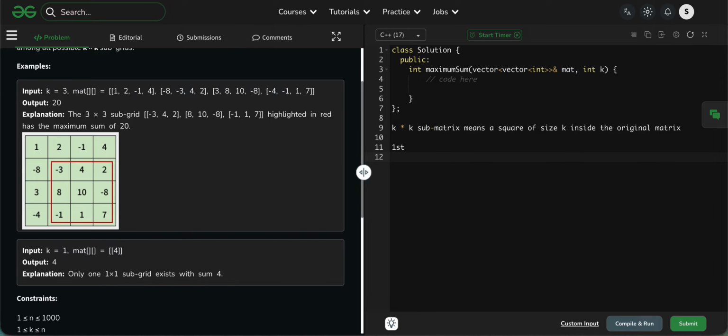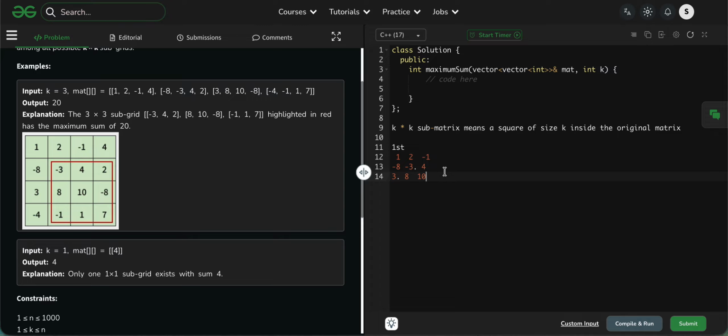Here is 1, then 2, then minus 1, then minus 8, then minus 3, then 4, 3, 8, and then 10.